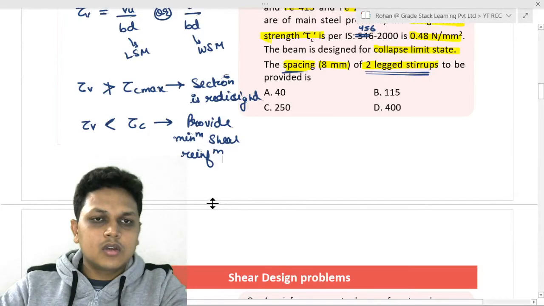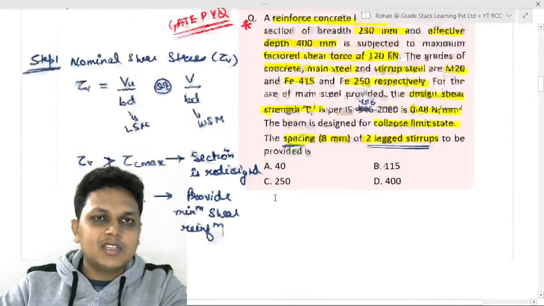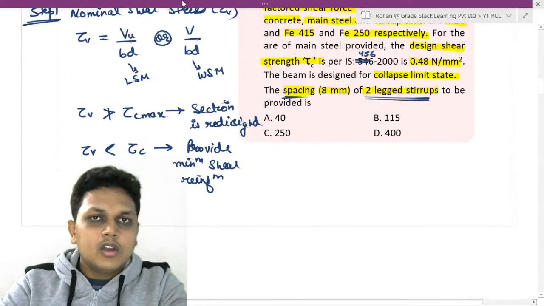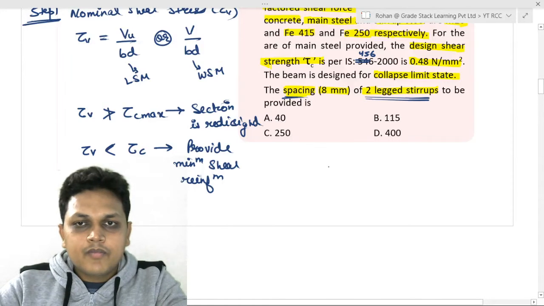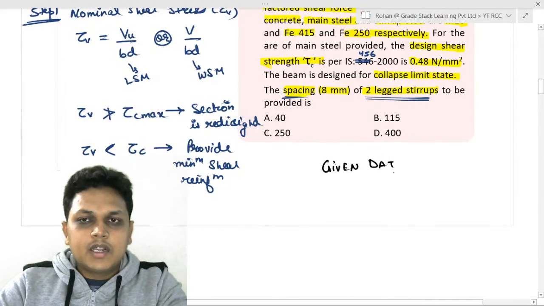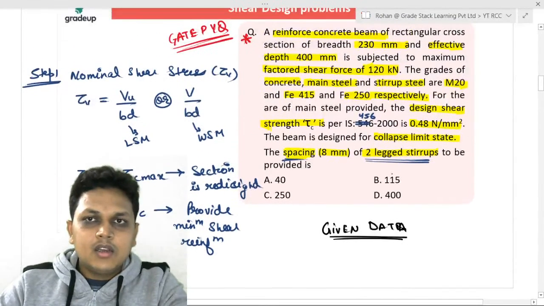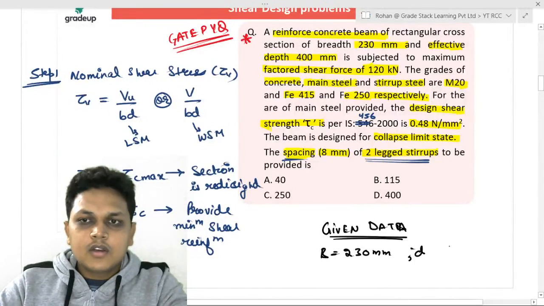Let us do this much. Let us find out the nominal shear stress in this numerical. What is the given data in this numerical, guys? Read the numerical. The width is given as 230 mm. Effective depth is given as 400 mm.